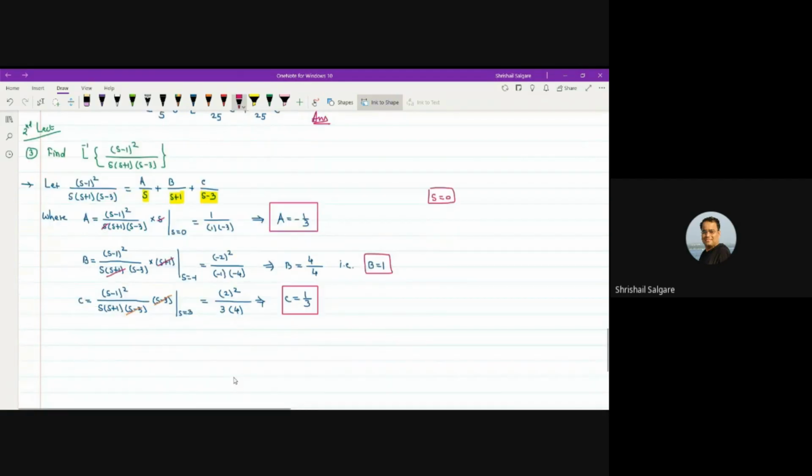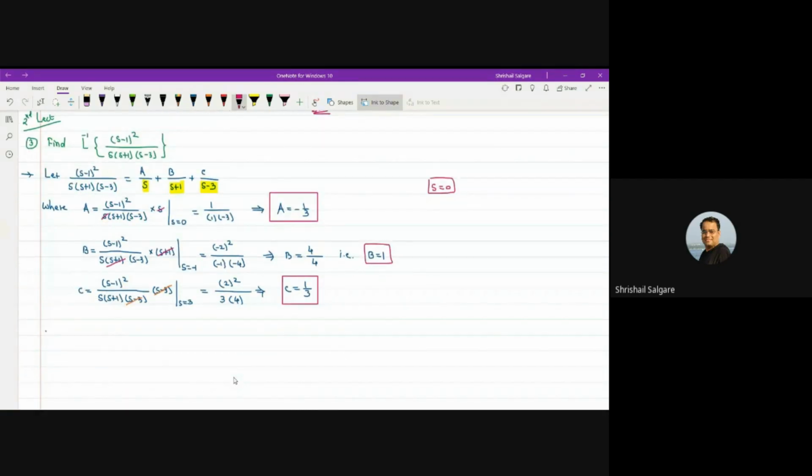Substitute all the values. Therefore, the inverse Laplace transform of (s minus 1) whole square divided by s into (s plus 1) into (s minus 3) is given by L inverse of minus 1 by 3 upon s plus 1 upon s plus 1 plus 1 by 3 upon s minus 3.